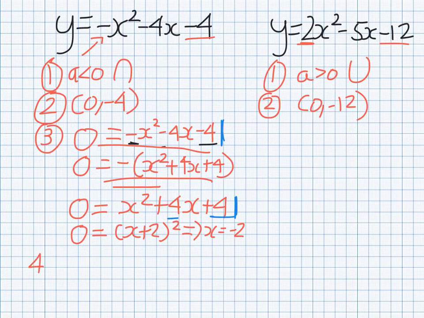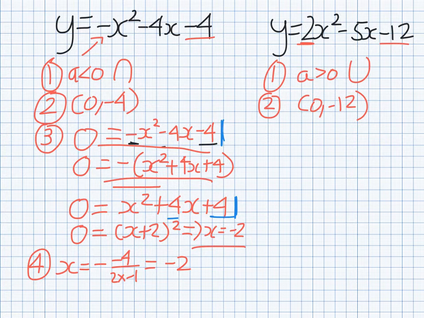So the last thing we do is the turning point and axis of symmetry. x equals minus b over 2a, which is minus 2. So the axis of symmetry is the vertical line x equals minus 2, which also happens to be the x-intercept, and that means that the turning point occurs here too.